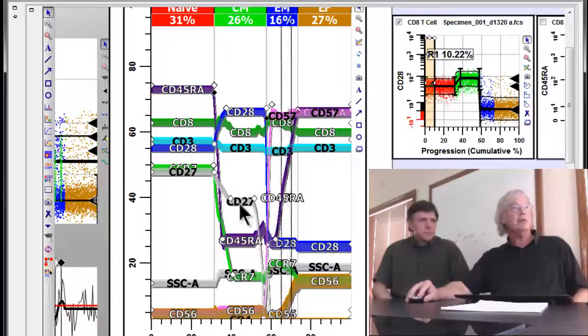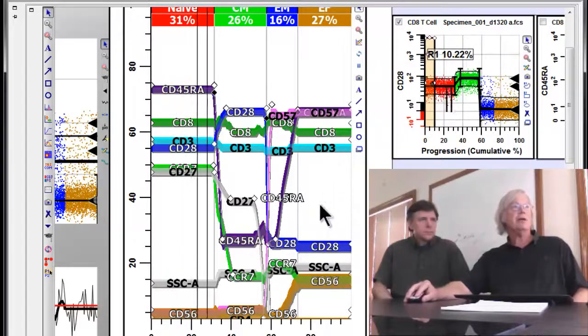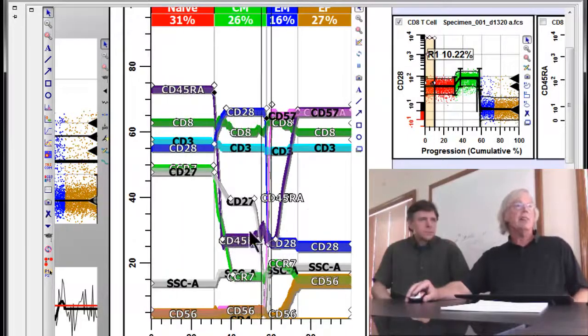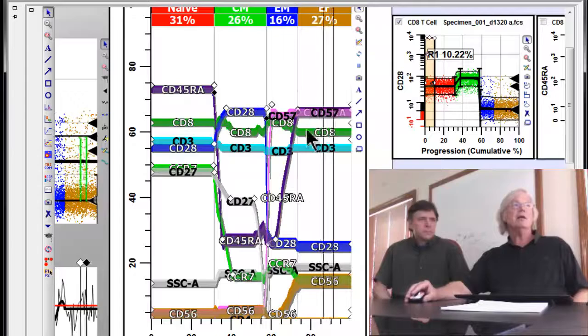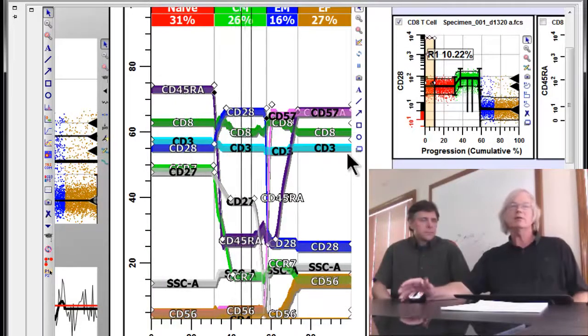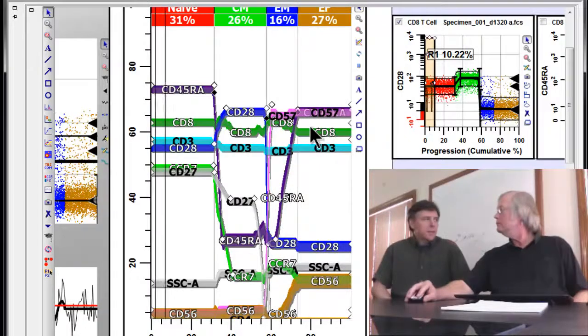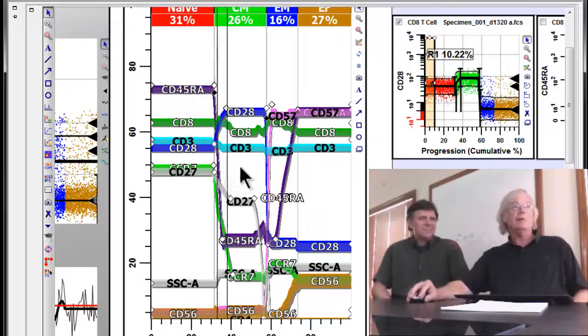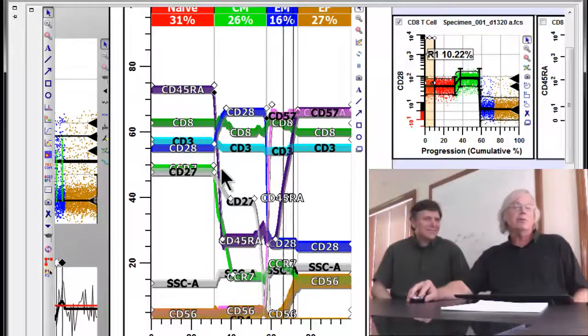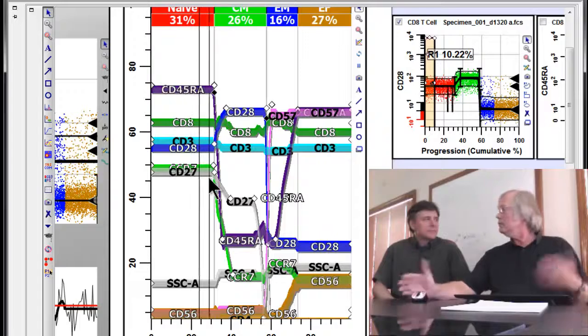We have CD27, which also changes, and CD57, which upregulates. So the advantage here is that in one plot, we can appreciate all the things that are happening in the biology. That's a lot of dot plots you'd have to have. There's quite a few dot plots that would be necessary, and it would be very difficult to work it all out. So that's it, Ben.